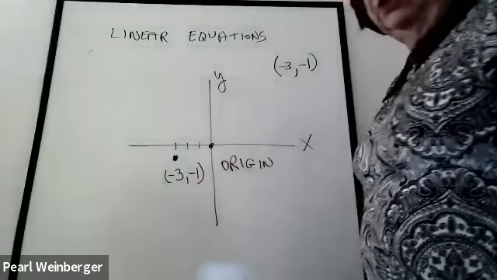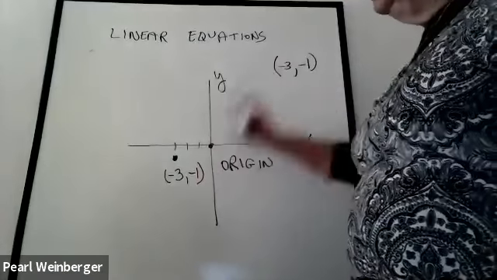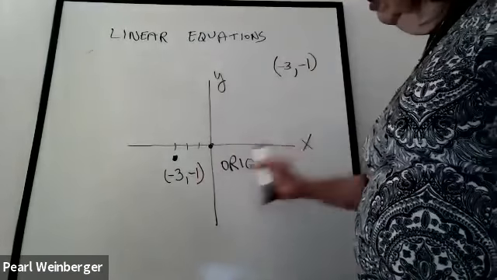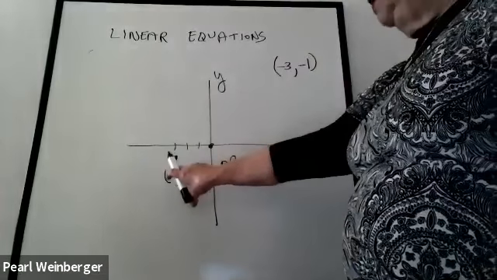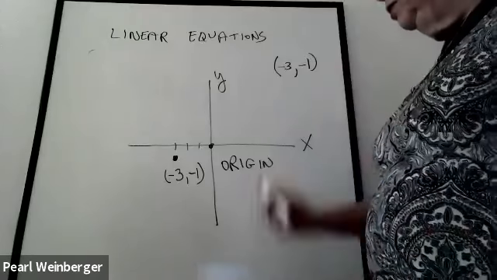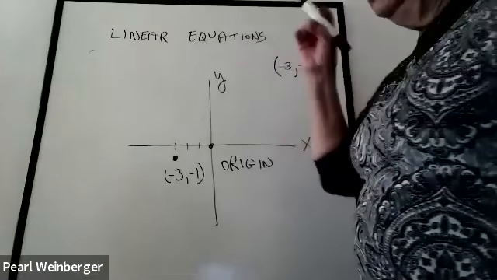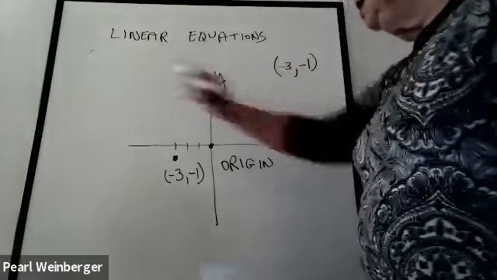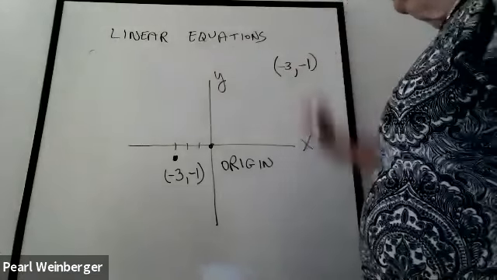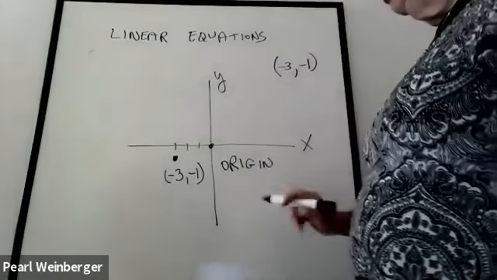You've probably done this many times before. Any point on the graph has a pair of numbers called an ordered pair of numbers. It's called an ordered pair because the first number is always the side-to-side number, and the second number is always the up and down number. It's in that particular order.